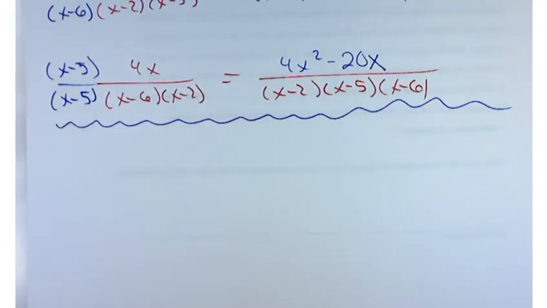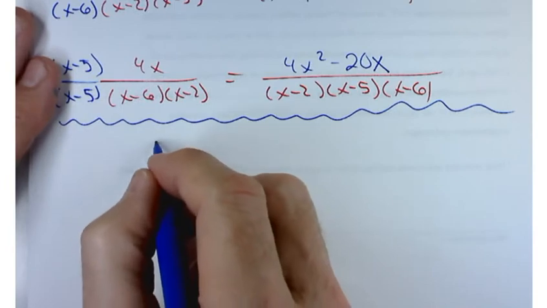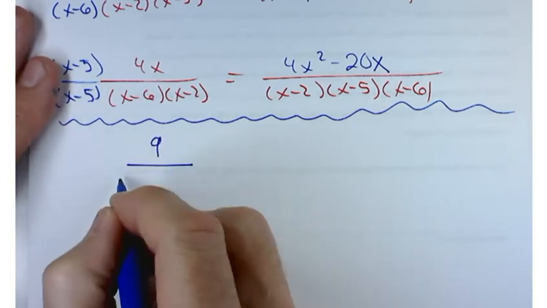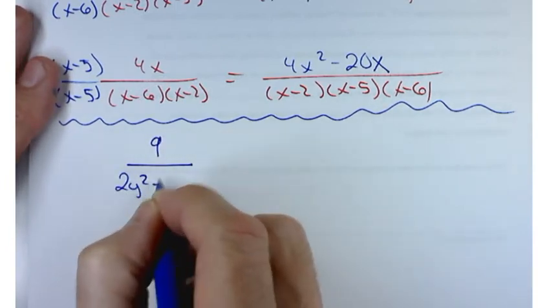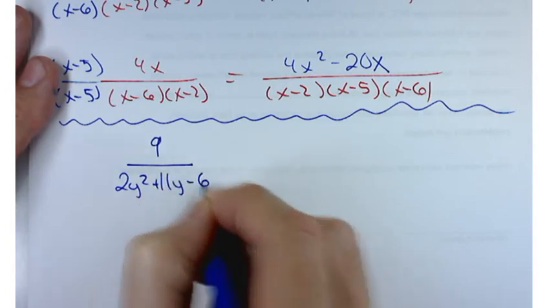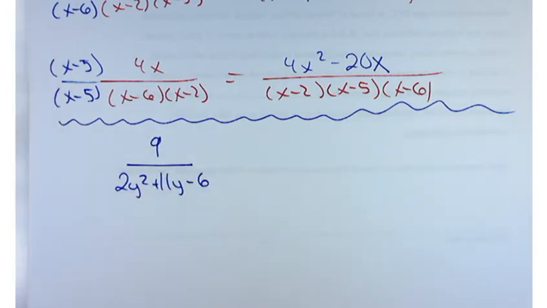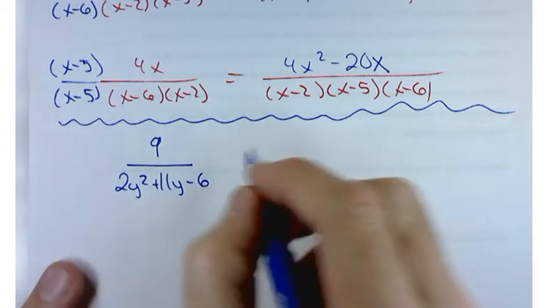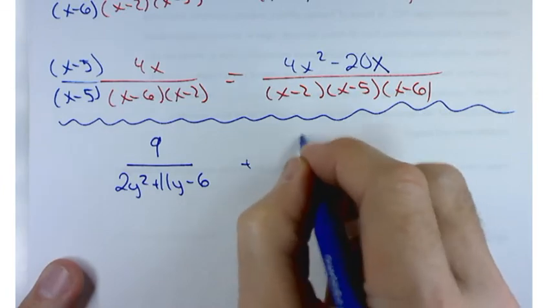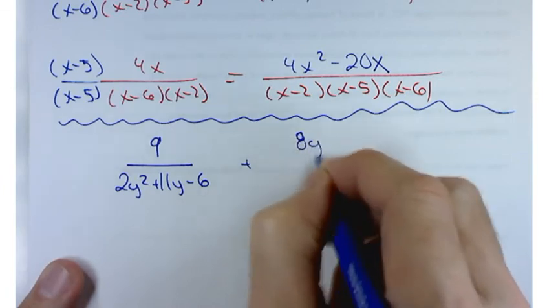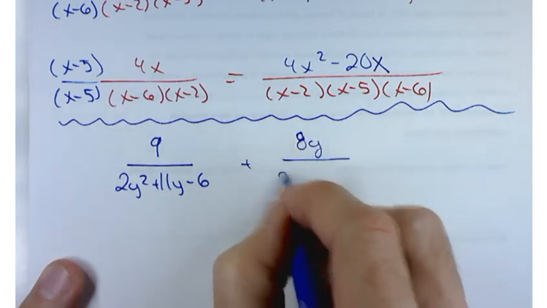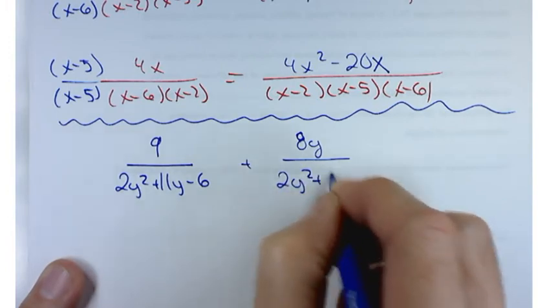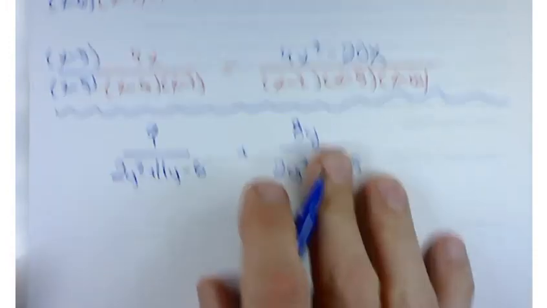Okay, let's go back and look at one of the problems that we were working on earlier. Nine over 2y squared plus 11y minus 6 plus 8y over 2y squared plus 9y minus 5.